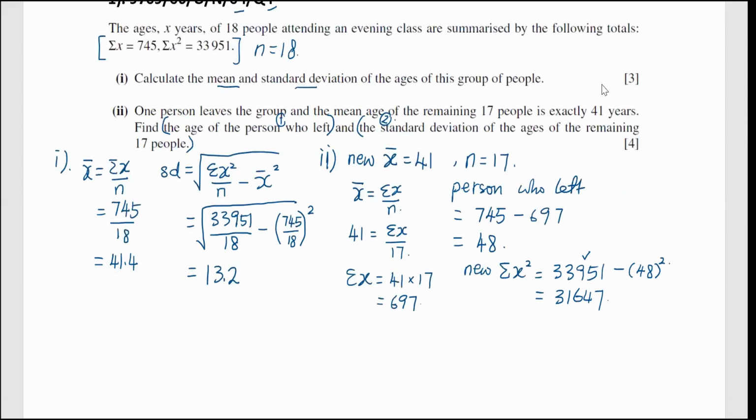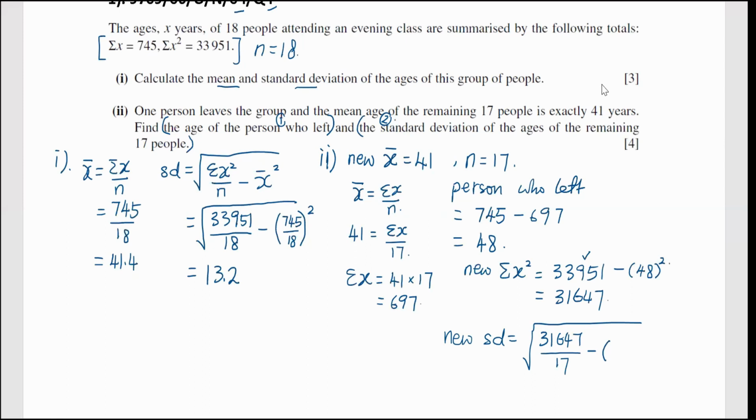Okay, with this information found, we can continue to find the new standard deviation. So sigma x squared for the remaining 17 people, divided by 17 of them, and then minus the mean. So don't take the wrong mean.